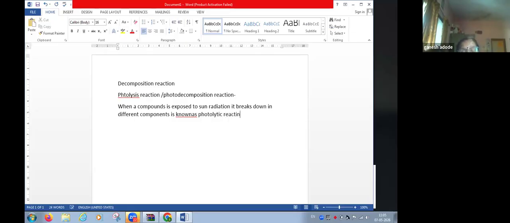Have you followed this? There are typical examples of this photolytic reaction, such as silver bromide. Now we will see the examples.